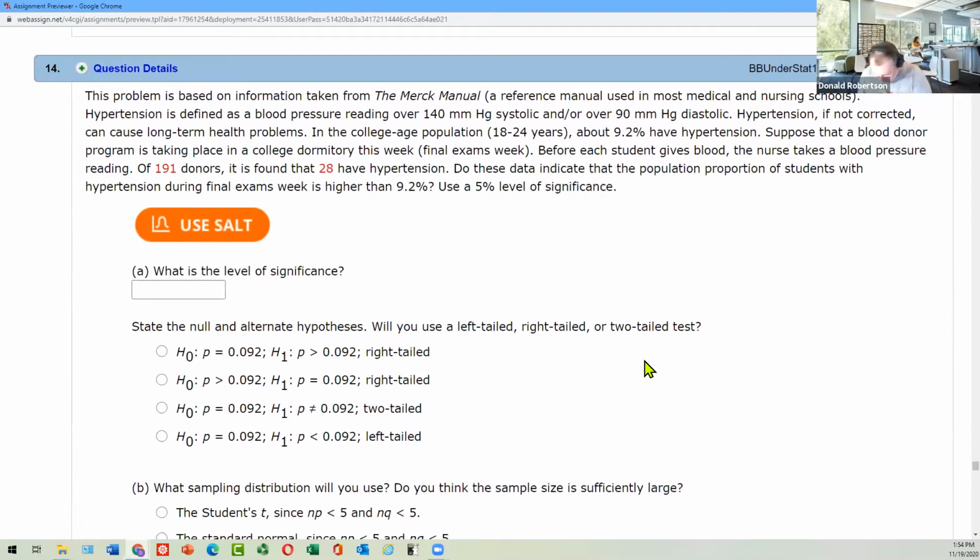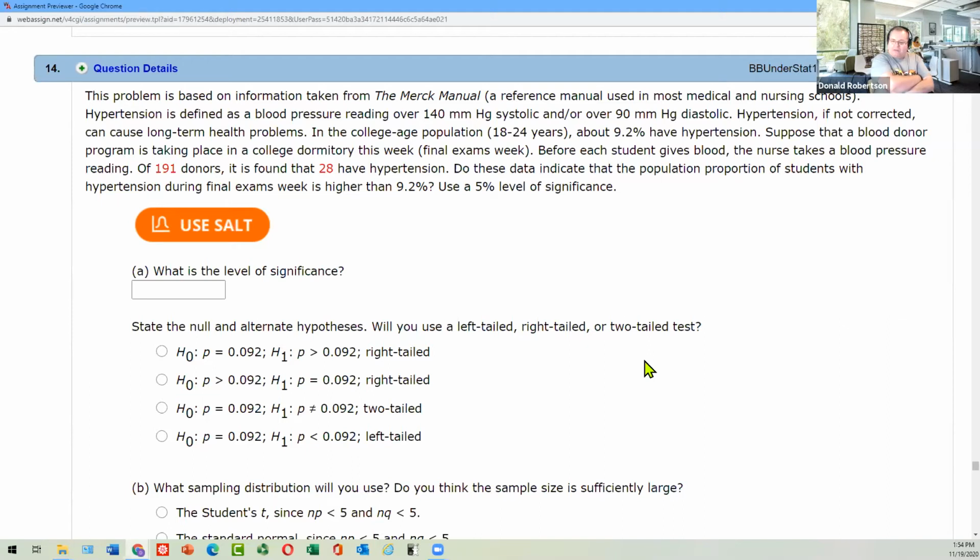Okay, let's do a medical one. 14. Okay. This problem is based on information taken from the Merck Manual. Now, this is a reference manual used in most medical and nursing schools.